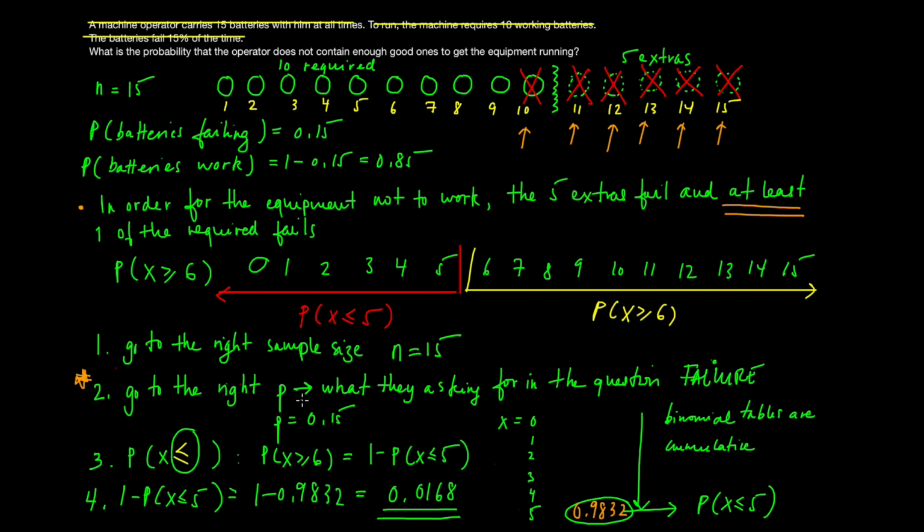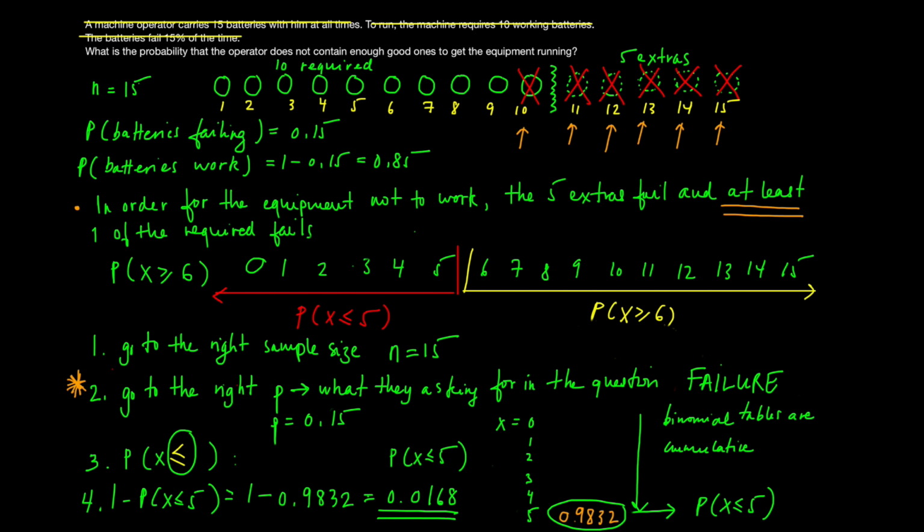I said that what we're trying to look for is we simply want to know at what point will the equipment stop working, right? What we mean by that is in order for the equipment to not work, 1 or 2 things has to happen. If we're using the probability of the batteries failing, then 6 or more batteries have to fail for the equipment to not work, right? But what if I'm using the probability of the batteries working? What does that mean?